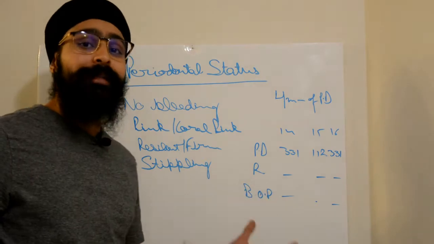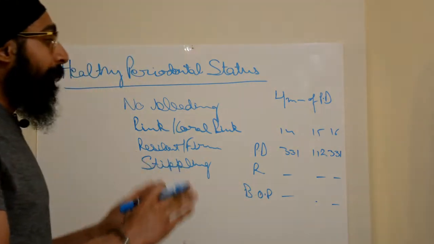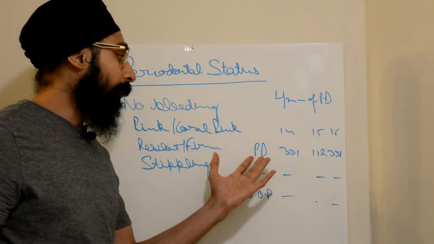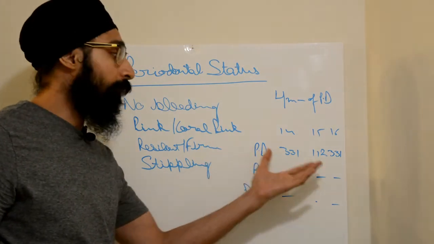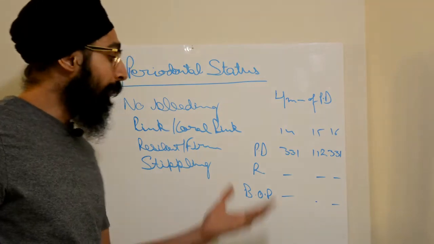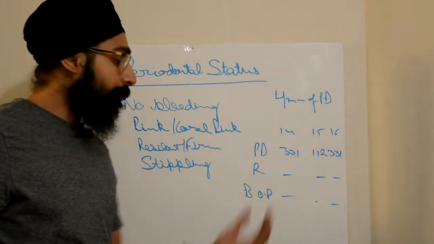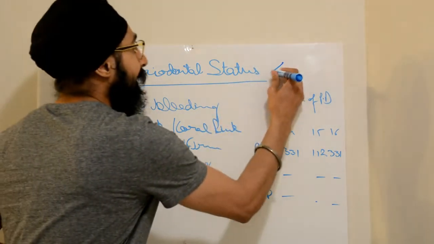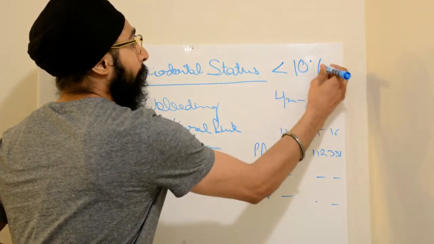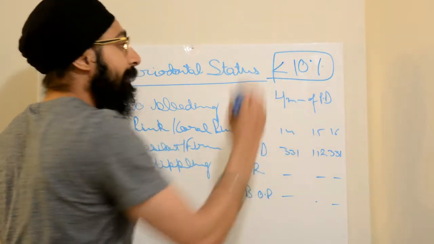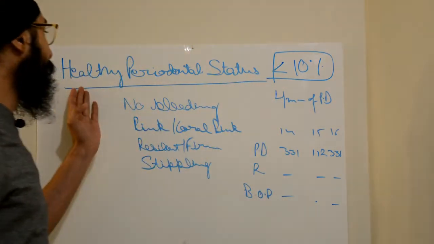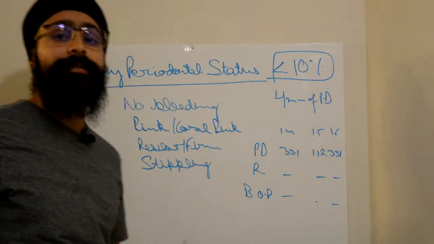But to make things clear, whenever in a perio chart everything is normal, the probing depth is normal, that is up to 3 millimeter, there is no recession present, and the bleeding on probing is present at less than 10% of sites, less than meaning less than 10%, not even equal to 10%, we still consider it healthy periodontal status.